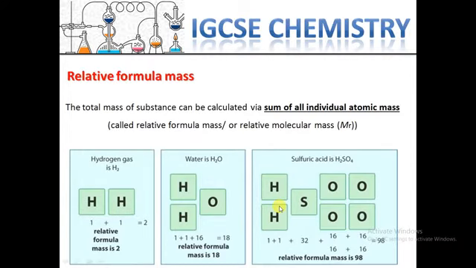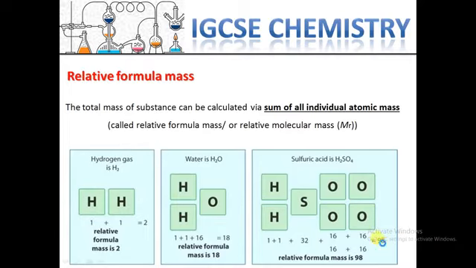So for two hydrogen we have 2, sulfur is 32, and for oxygen we have 4 times 16. The sum of all individual atomic masses will be 98.